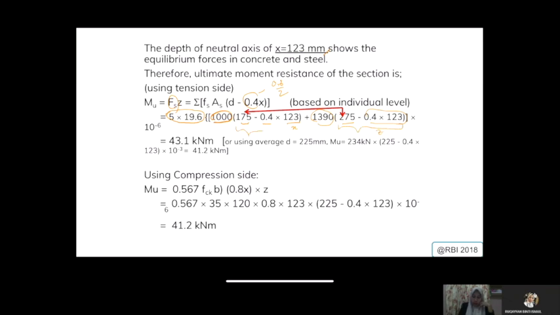This is actually considered as your z, because you want to know the value of your moment by multiplying your force with the lever arm. So you will get like 43.1 kNm.